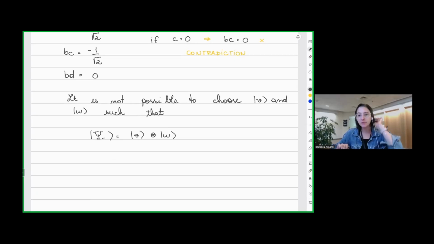Okay, so this proves for us that there are vectors inside the space of two qubits that are not independent combinations of one state for qubit 1 and one state for qubit 2.